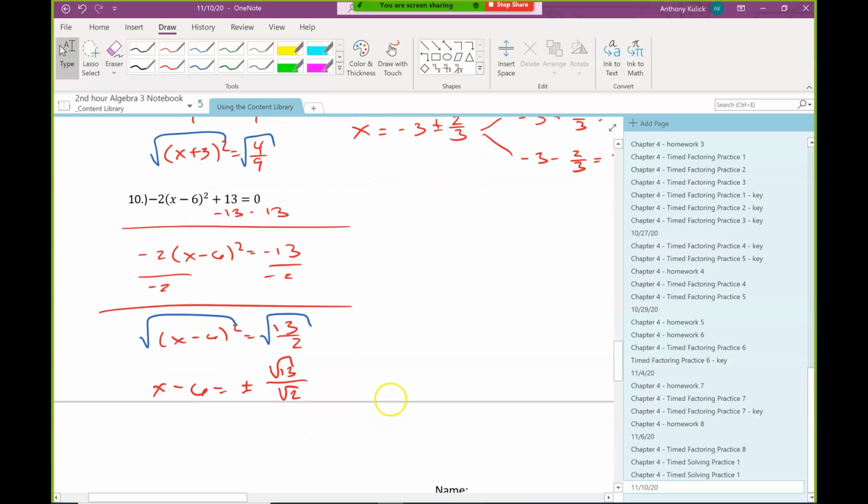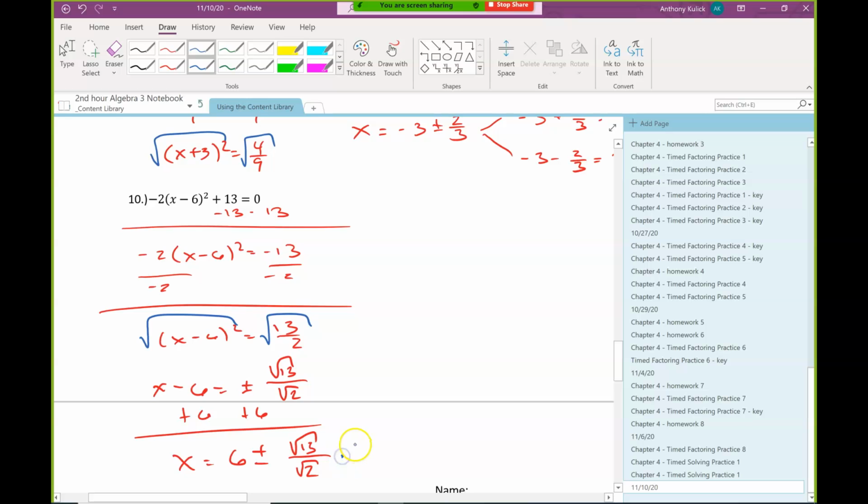So next I would want to just add that 6 over. And I can't combine a 6 with something with a square root on it, so I have to write it separately. And now if you remember from your geometry class, we didn't like to write fractions with square roots in the denominator.